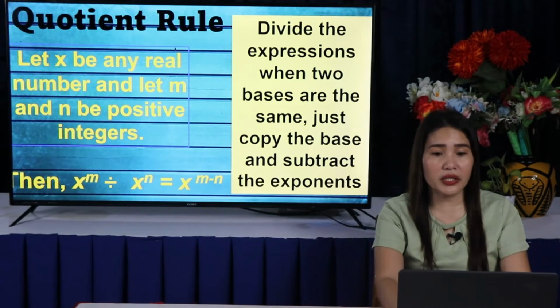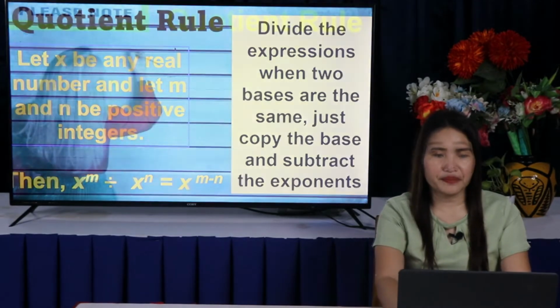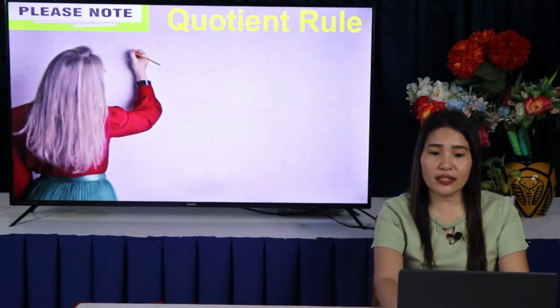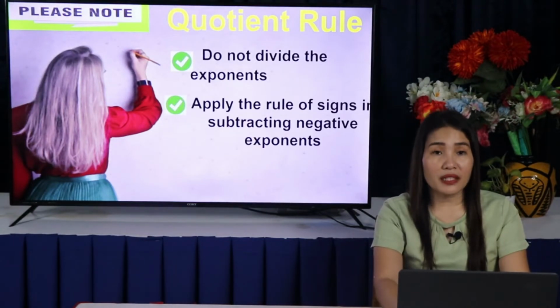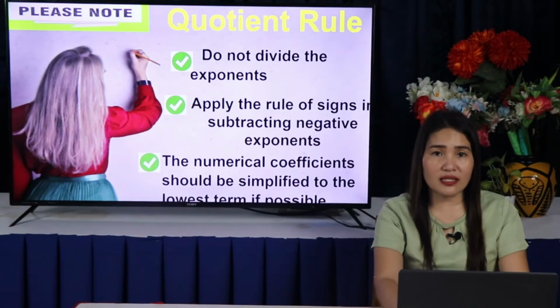When two bases are the same, just copy the base and subtract the exponents. For the quotient rule, please take note, do not divide the exponents. Apply the rule of signs in subtracting negative exponents. The numerical coefficients should be simplified to the lowest term if possible.